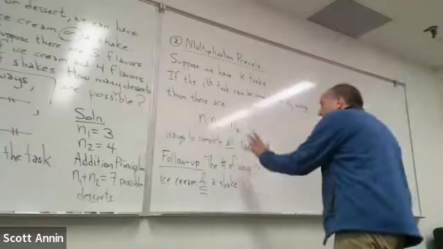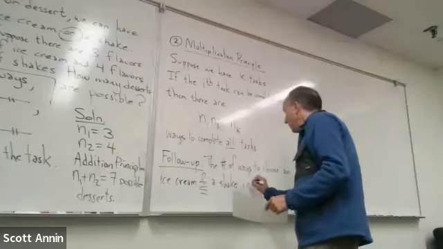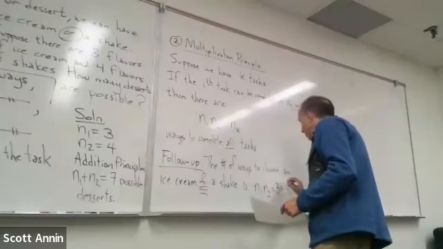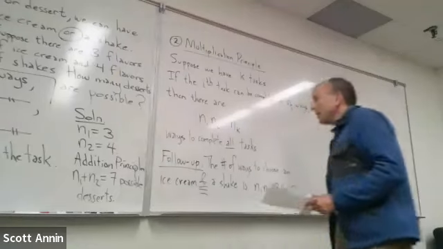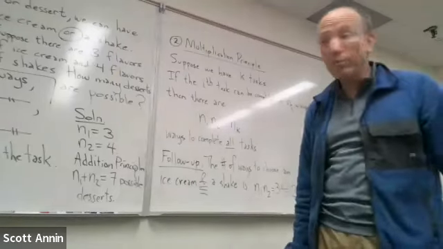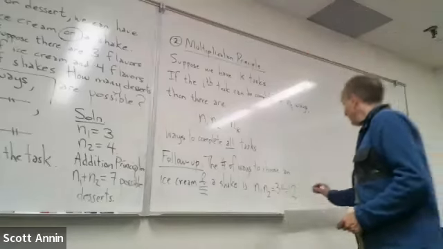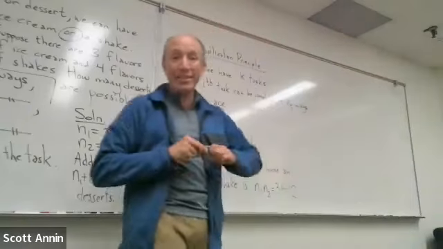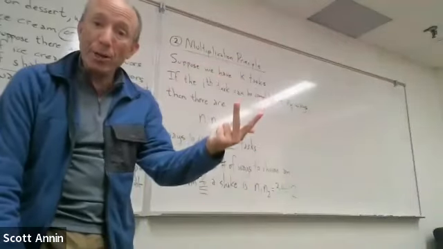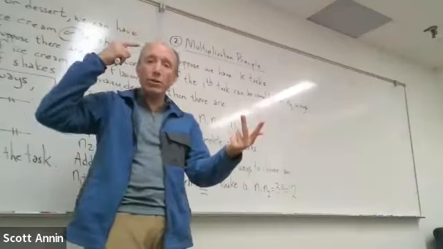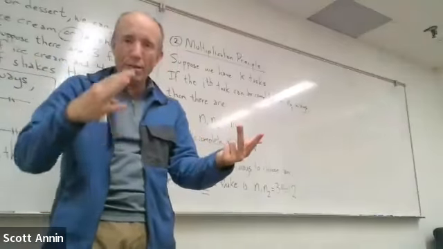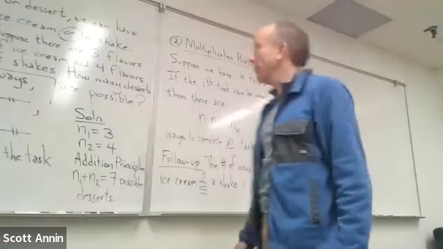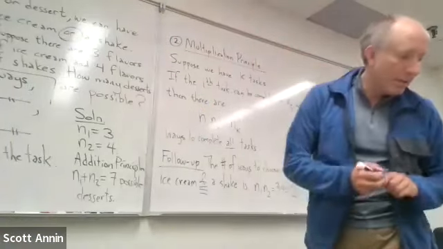If I'm choosing an ice cream and a shake, this is going to be n1 times n2. In other words, 3 times 4, which is 12 ways. So you could mix and match, figure out every combination, right? Either chocolate, vanilla, or strawberry ice cream paired with either cookies and cream, vanilla, chocolate, or strawberry shake. And I can multiply 3 times 4 and come up with 12 different combinations there.